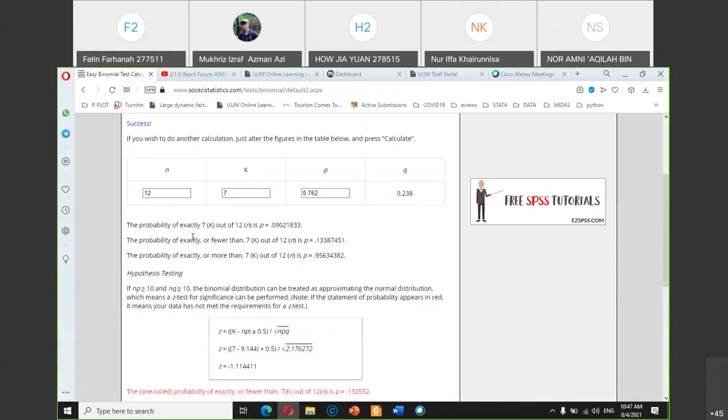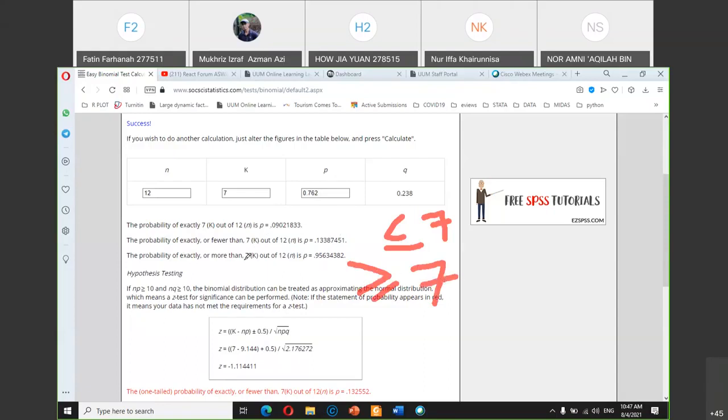Here from this online calculator, you are given another 2 solutions. Here is the probability of exactly or fewer. What this means is that this line means less or equals to 7. Exactly or fewer means 7 or less. And then here, exactly or more, meaning this part here is more or greater than 7, or in other words, at least 7.